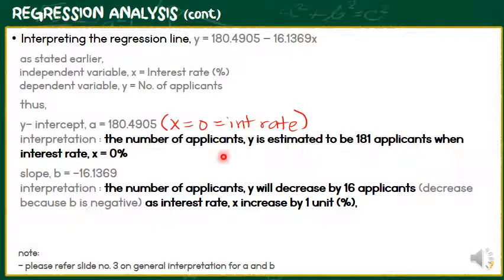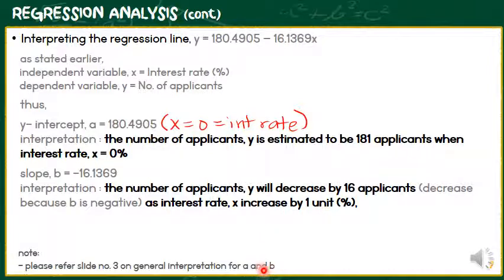Okay. And your slope pula negative 16. Negative ni represent decrease. So, bilangan applicants, okay, your dependent variable, akan berkurangan sebanyak 16 orang, okay, apabila interest rate itu bertambah 1 unit.